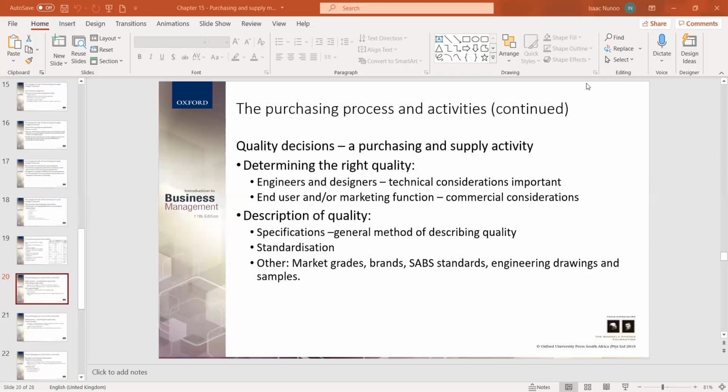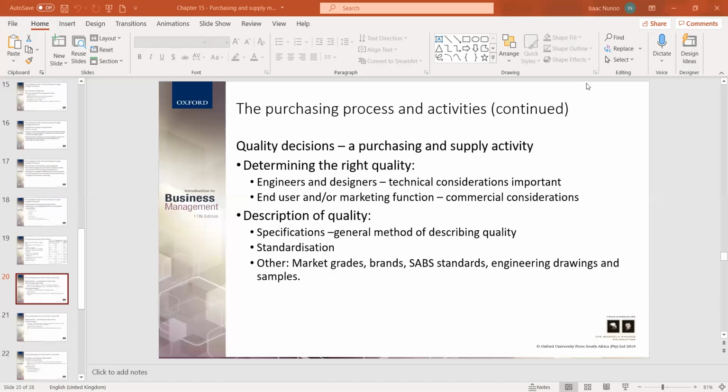You specify the ingredients that are used in producing, and you also specify standardization. This may also include when it is going to expire or any other thing.